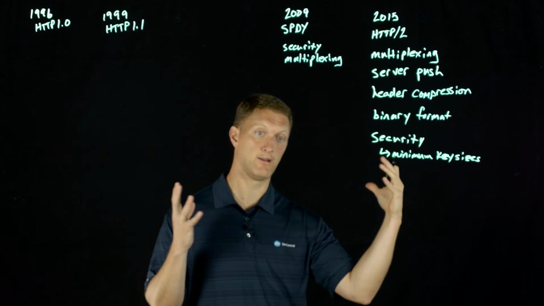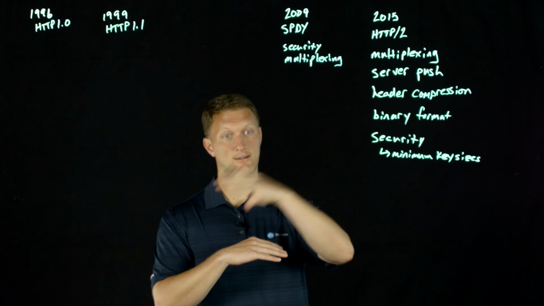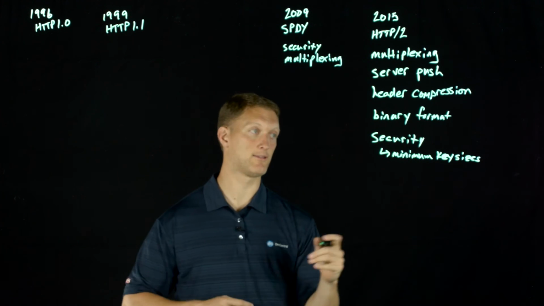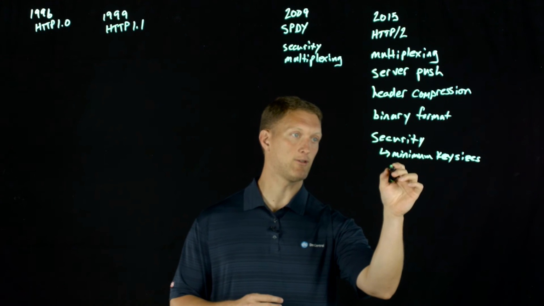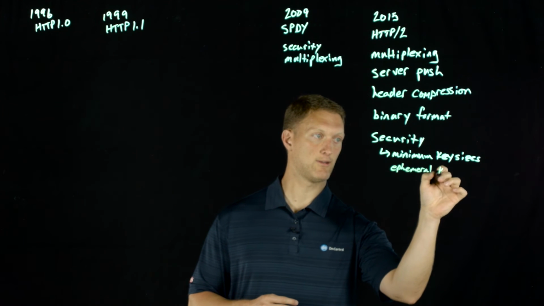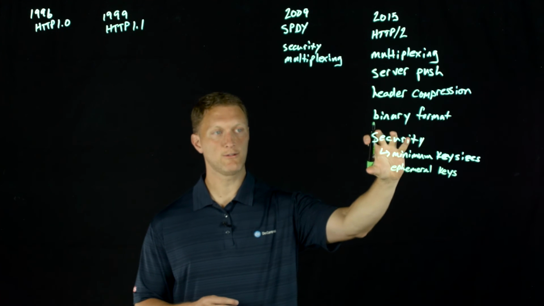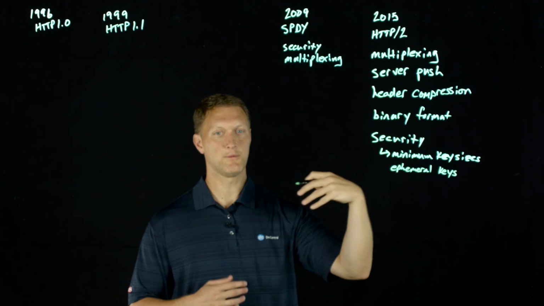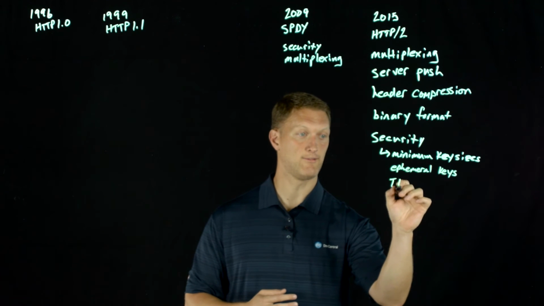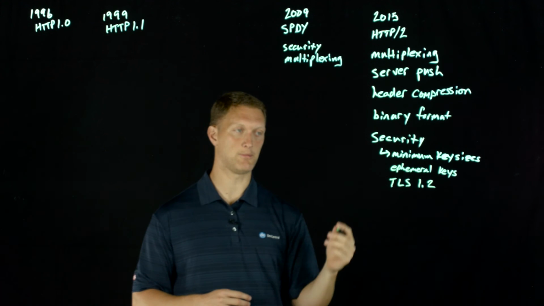If you don't meet that, the server can respond with an inadequate security type response. There are also ephemeral keys, which are required if you're going to use security. So while you don't have to use security, if and when you do, you have to do it correctly. There are also TLS minimums, like TLS 1.2, which is what you would need to use with HTTP2.